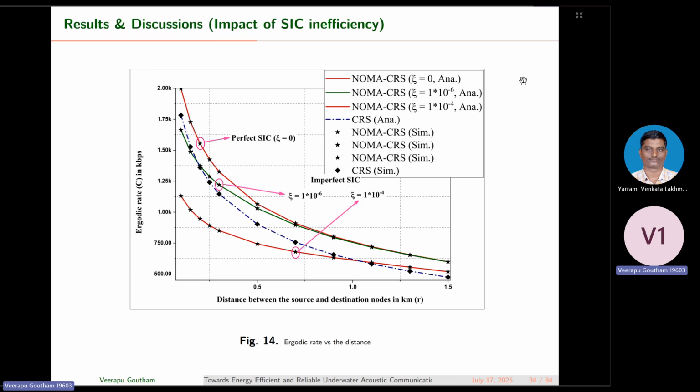If the near node is not decoding the first symbol properly, then we consider imperfect SIC. If there is imperfect SIC, the ergodic rate degrades further.